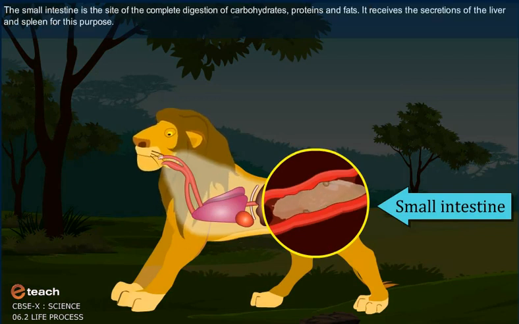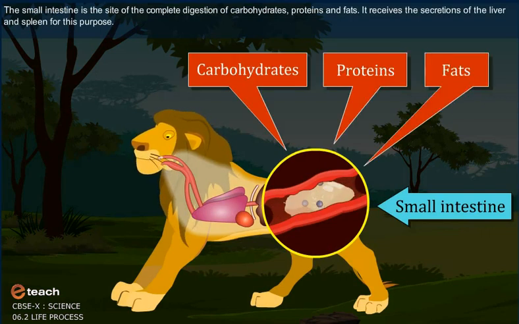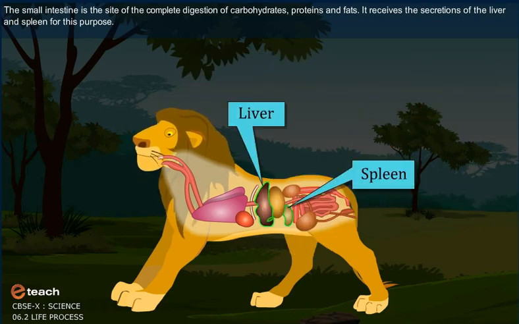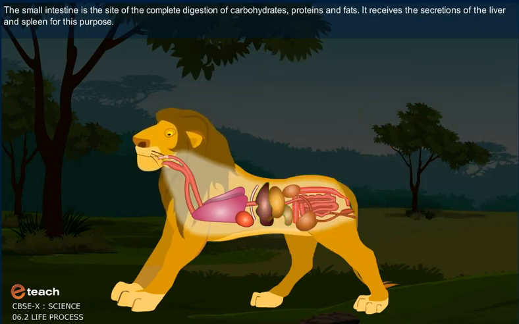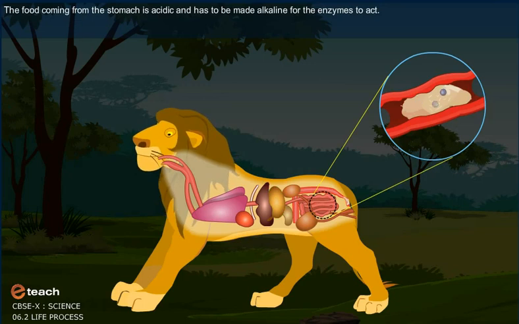The small intestine is the site of the complete digestion of carbohydrates, proteins, and fats. It receives the secretions of the liver and spleen for this purpose. The food coming from the stomach is acidic and has to be made alkaline for the enzymes to act.